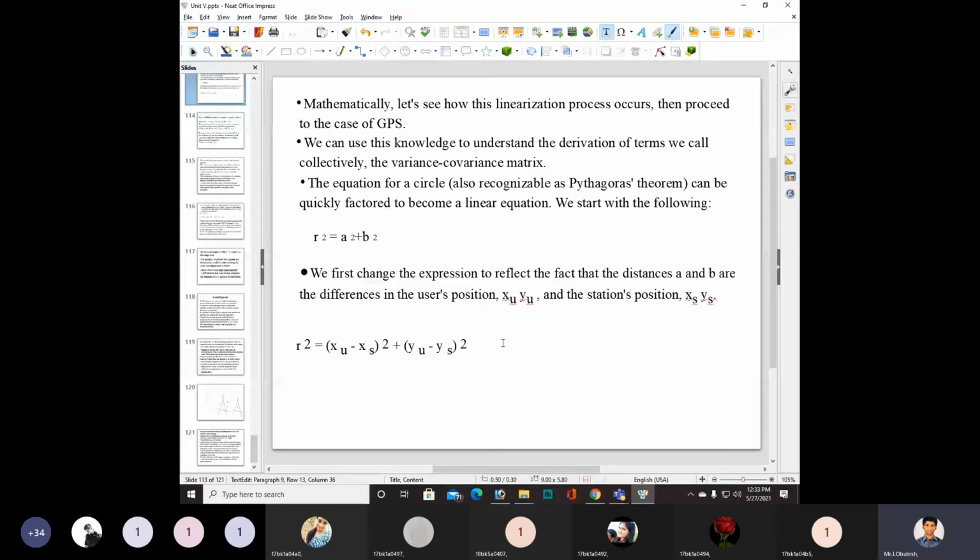Therefore, R square is equal to XU minus XS whole square plus YU minus YS whole square.